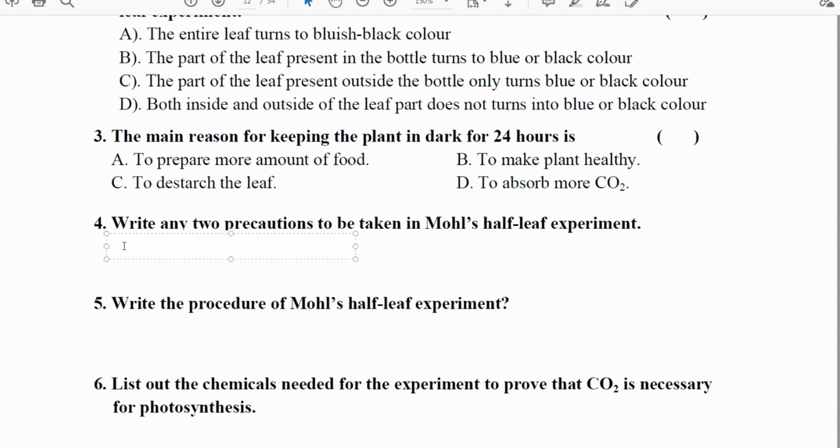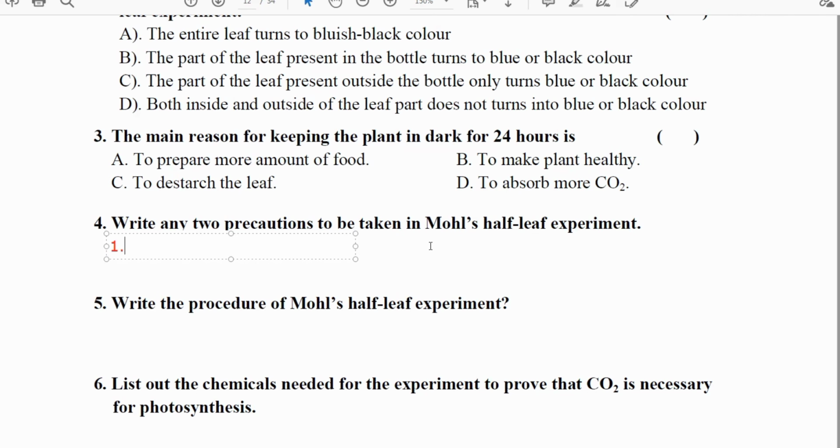Number one, half of the leaf must be inside the bottle and half of the leaf outside of the bottle.